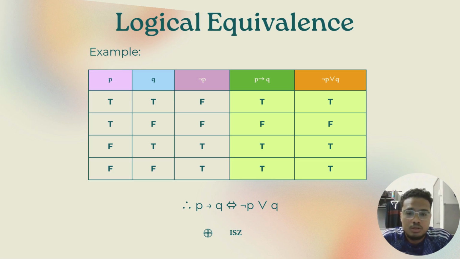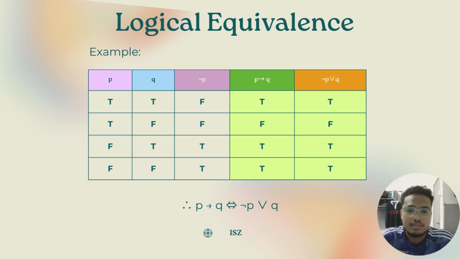So when P implies Q, the first value needs to be true and the second value true for it to be true. But if the second value is false, then it will be false. But if the first value is false, then it will automatically be true. And for not P or Q, if both statements are true, then it will be true, but if one of them is false, it depends on the false value.